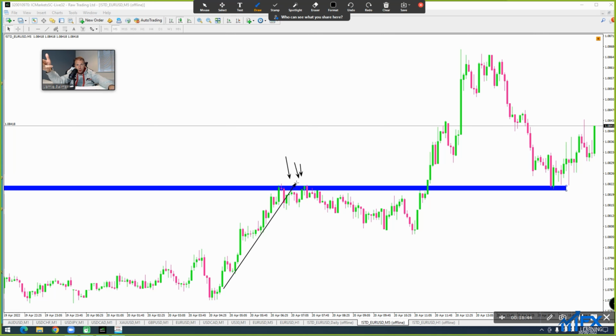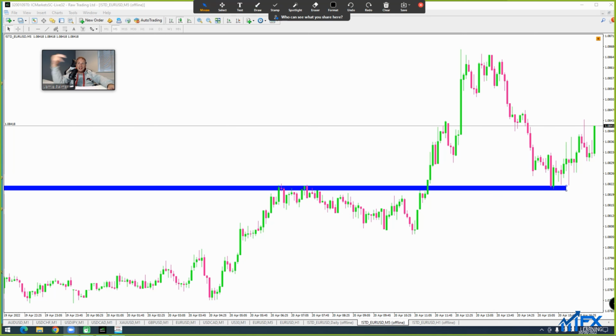Price has come up to it, it's come down to it, it's bounced off that support line which was initially there, driven price up. So I know when price comes back down to this level that it's respected price before, it's held price before, it's now going to hold price to the upside.